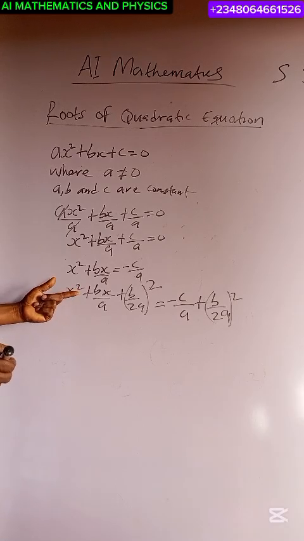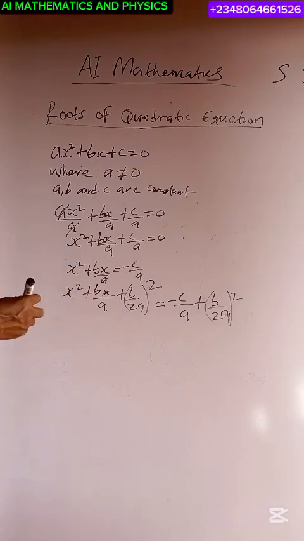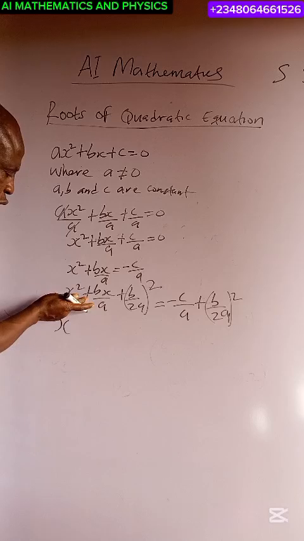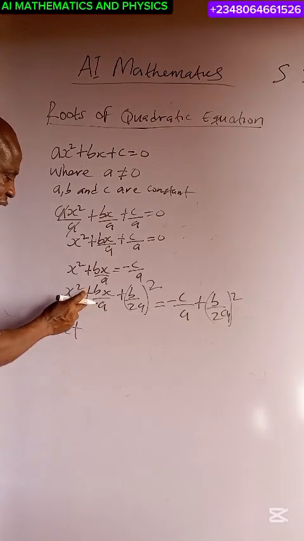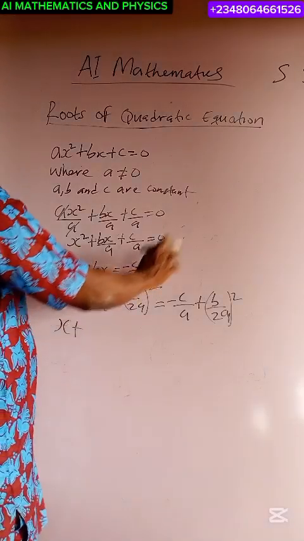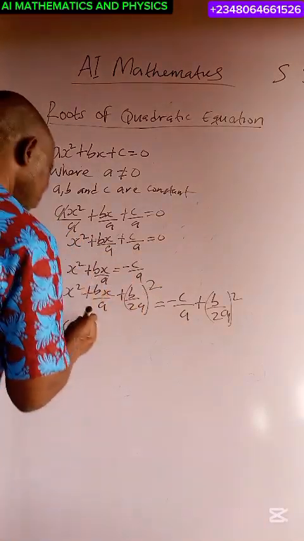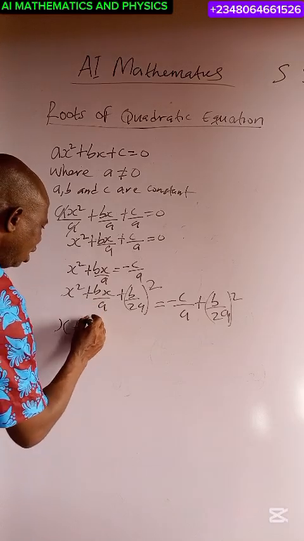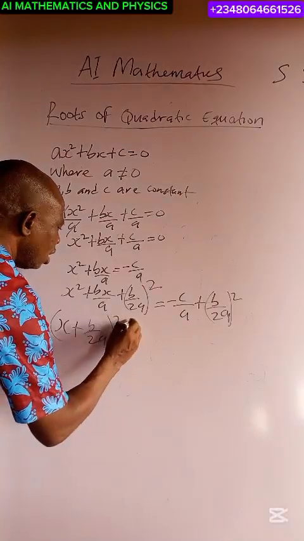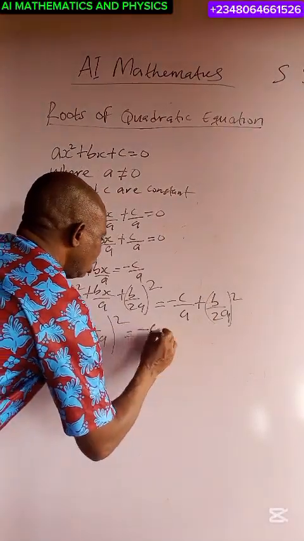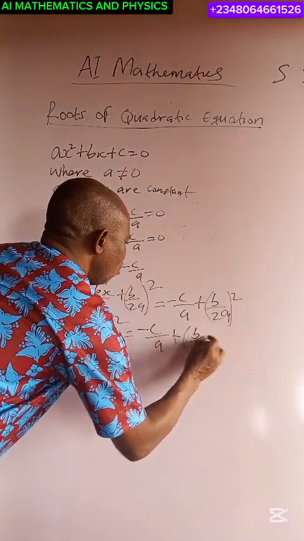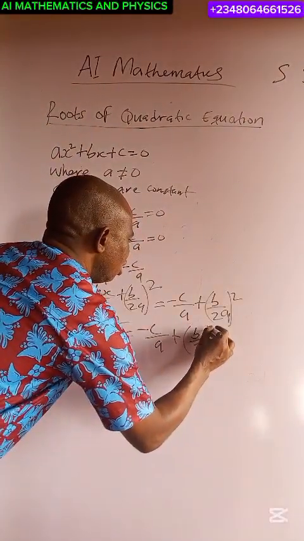We have x raised to power 2, which means just take one x. The sign we have here is plus, so you write plus. Then forget about the square, just write b over 2a inside the bracket. Do it like this: everything squared equal to minus c over a plus b over 2a, squared.